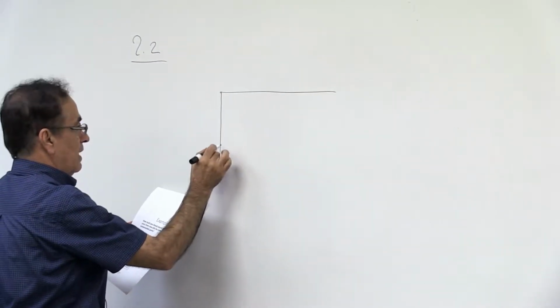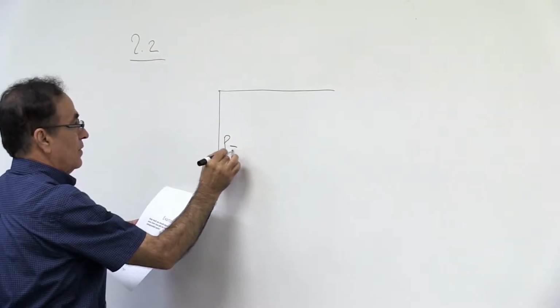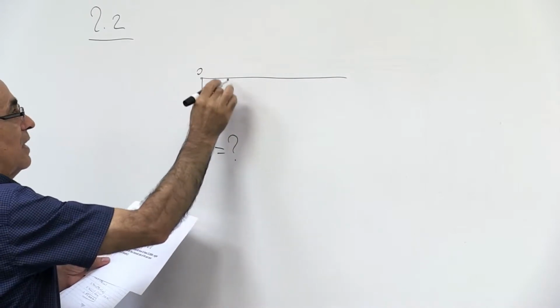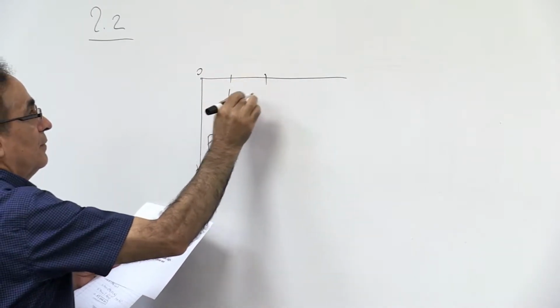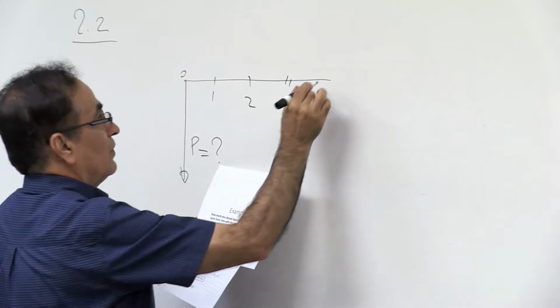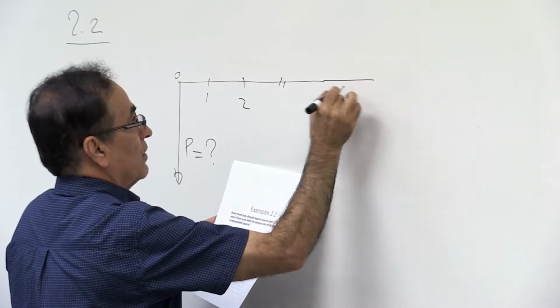So this is the P value. You want to know how much you should deposit right now, at present time, to have $12,000 8 years from now.